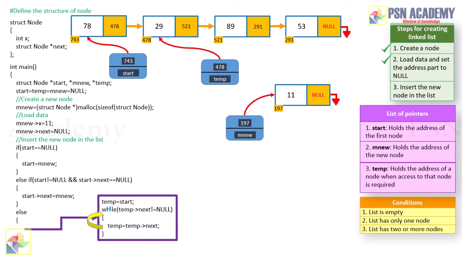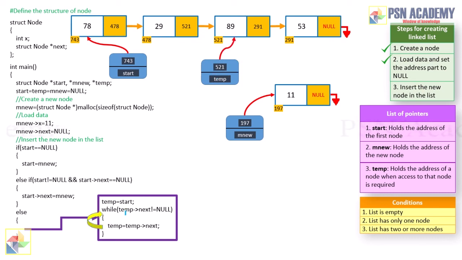Now you get back to the loop and check again. The temp is now standing at 478 and its next is not null. So you get inside and do this job, temp equal to temp next. That means temp next is 521. So copy this 521 to temp and it goes like this.